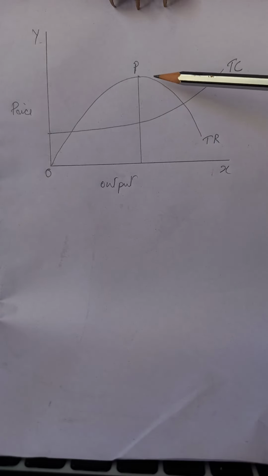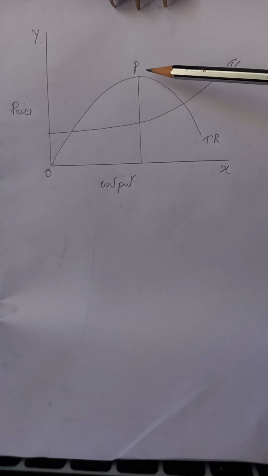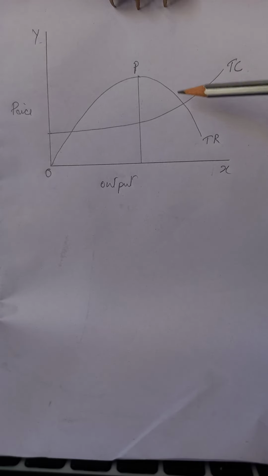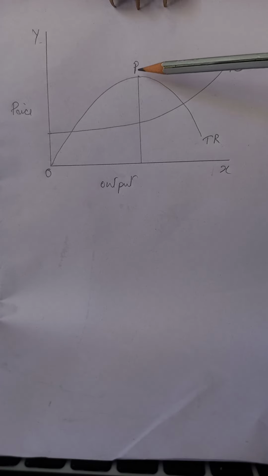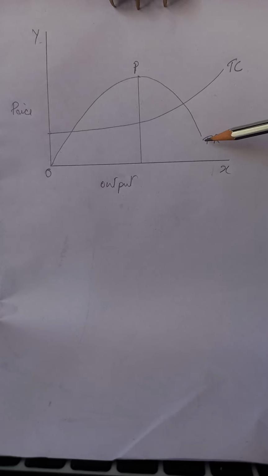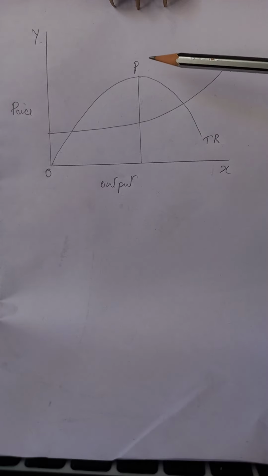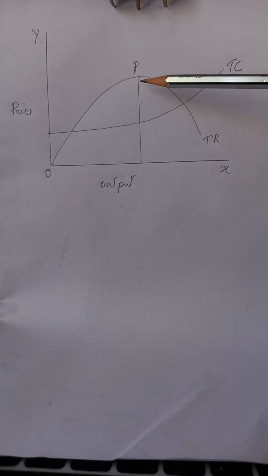But it shows that if he goes on producing, the profits that he enjoyed will start to decline, it will start to fall, because from this particular point, the TR curve starts to slope downwards. So it seems it is not profitable for a monopolist to keep on producing more and more, because as he goes on producing, his profits will start to drop.